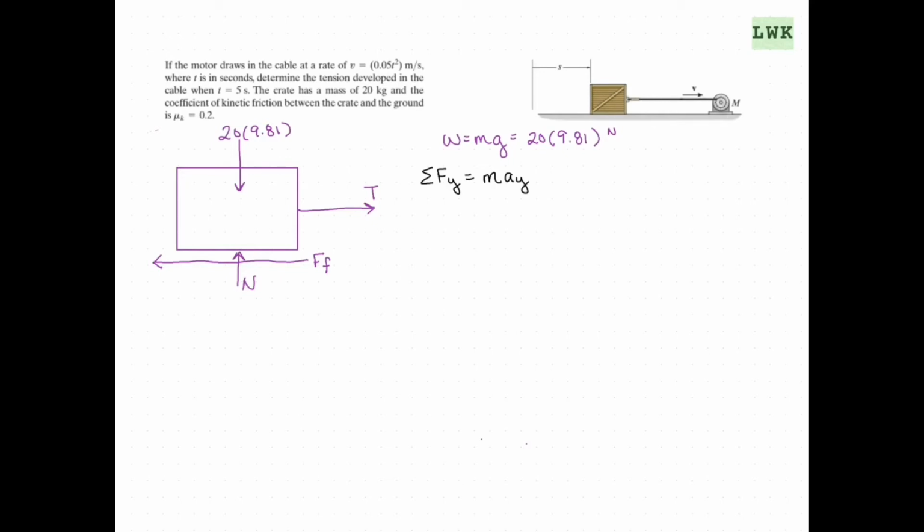We have our normal force minus our weight, and that equals our mass times our acceleration in the y, and our acceleration in the y is just going to be 0. So we can use this to solve. Our normal force is going to be equal to 196.2 newtons.